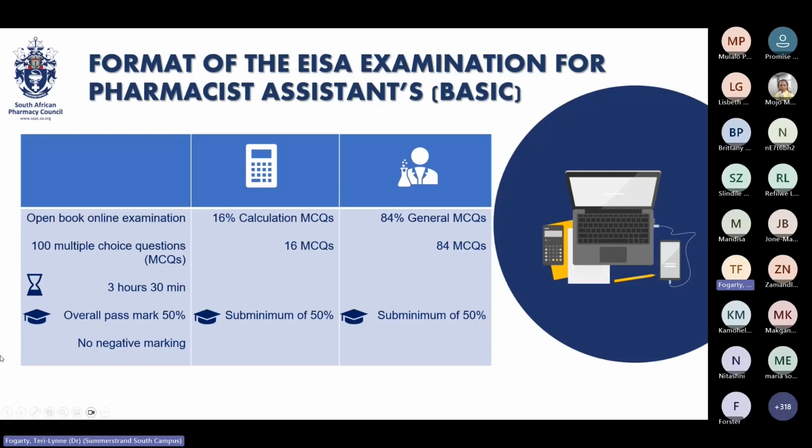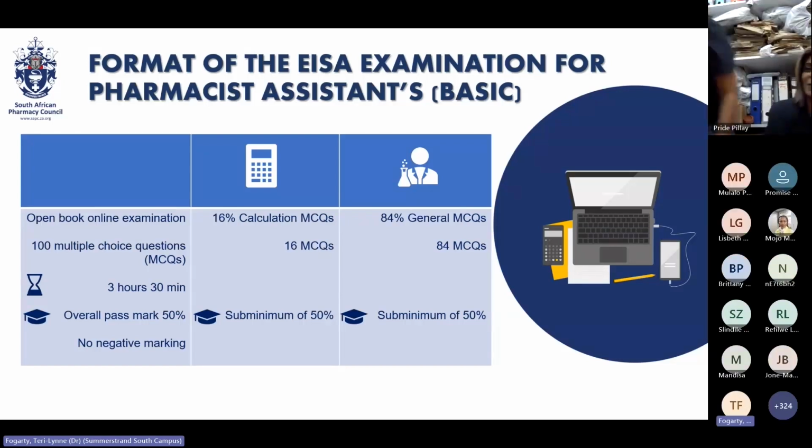The exam itself is a 3.5-hour exam, and you are required to achieve a 50% pass mark. We do not use negative marking in this exam, so you should, as far as possible, answer all of the questions. You won't be penalized if you answer a question incorrectly, except that you don't achieve the mark for the question, but you won't get a -1 for the question.